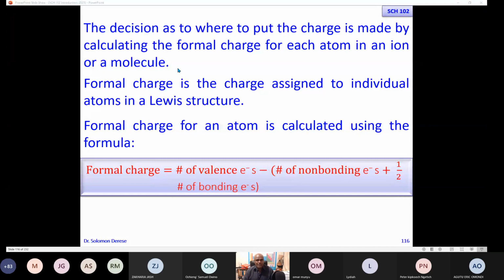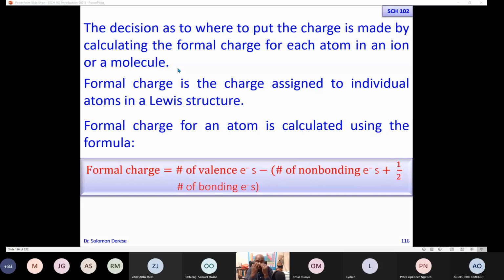That 100 shillings is like the valence electrons the element has. Each of the elements comes with their valence electrons, and then they get involved in chemical bonding.